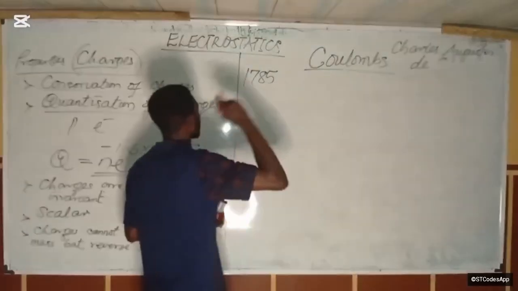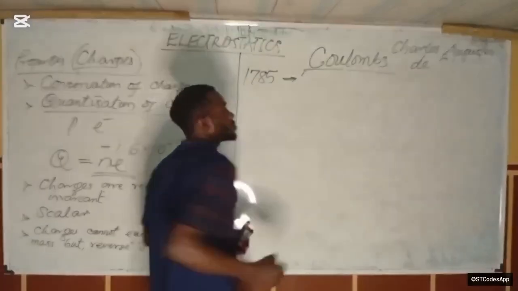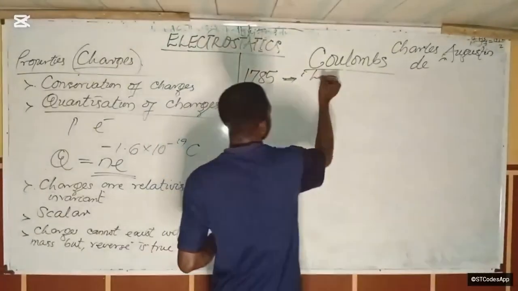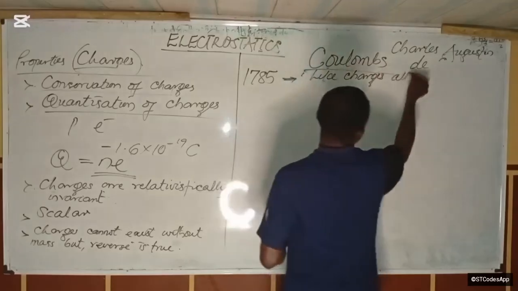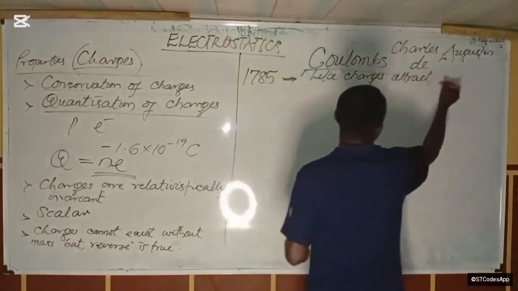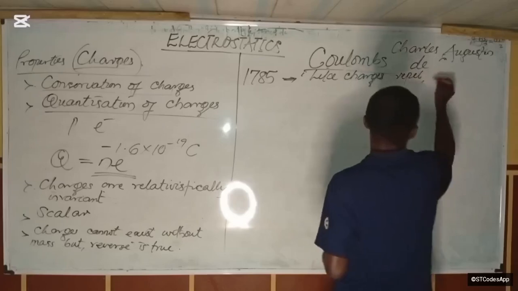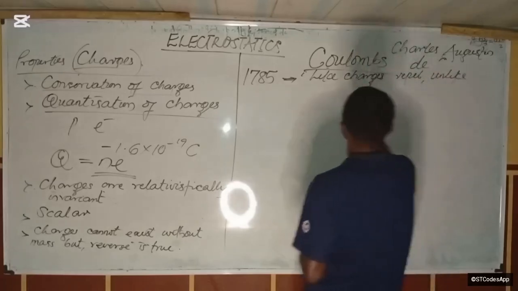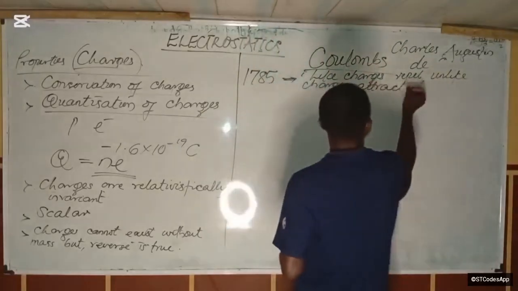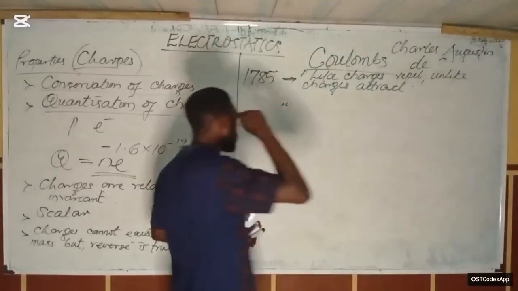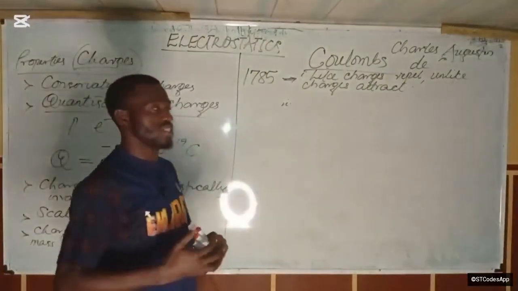So in 1785, he gave us two laws. The first is that like charges repel and unlike charges attract. The second one tells us how to calculate the force of attraction or repulsion that exists between charges.